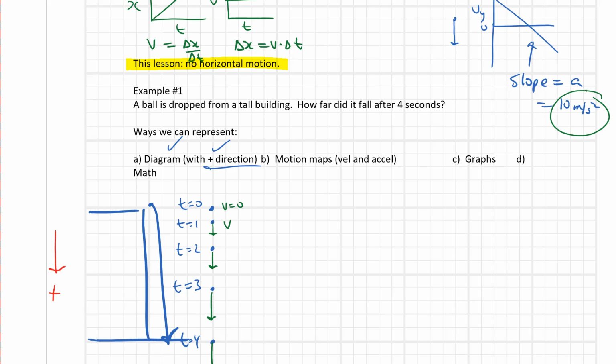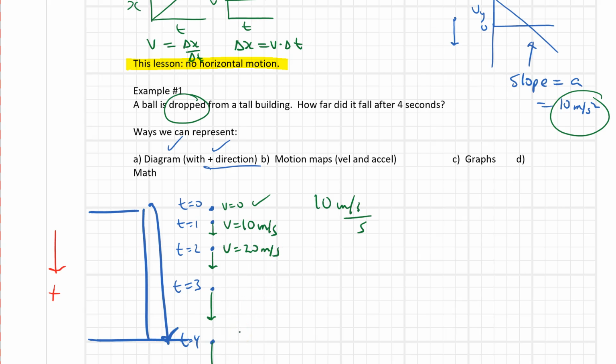When I drop something, the word drop actually tells you in English that it's not being thrown down, it's being dropped down. That's why the initial velocity is 0. One second later, if it's changing by 10 meters per second every second, which is another way of writing meters per second squared, it's going to be going 10 meters per second downwards. Here it's going to be going 20, and so on.